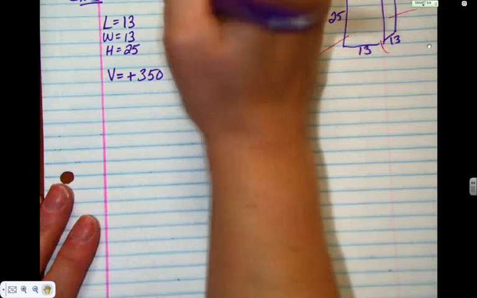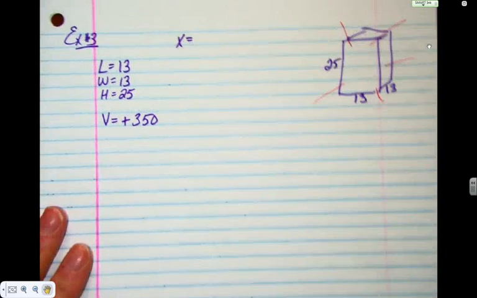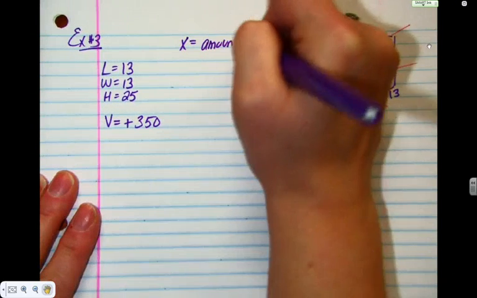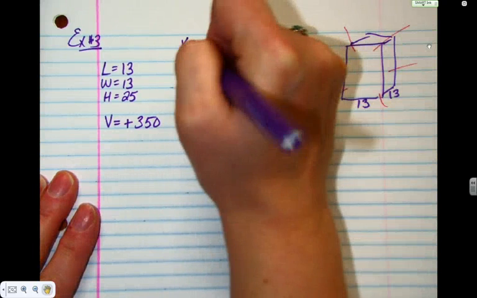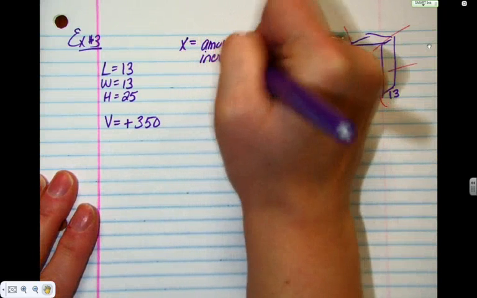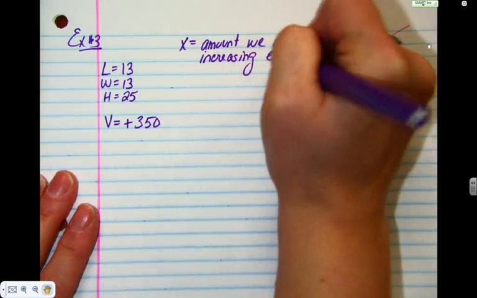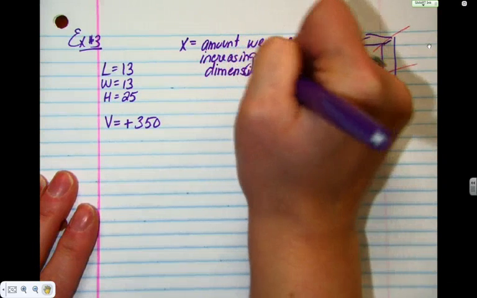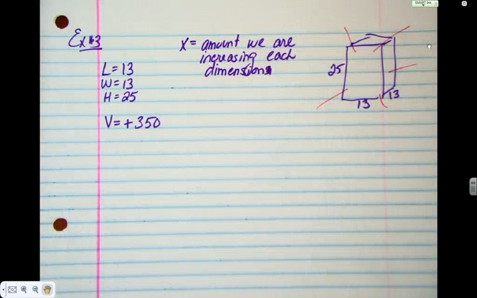We don't know. So if you want to start with defining a variable, sometimes that's helpful to get the equation. What do you want to call x? Well, it's the amount we are increasing each dimension. Okay, so just some hints to start word problems.